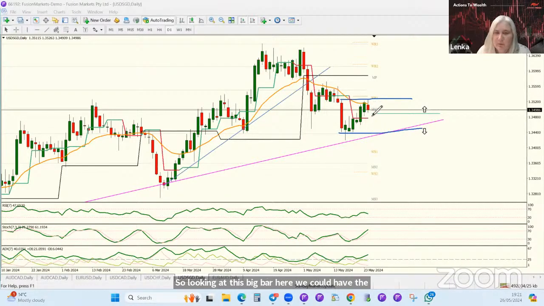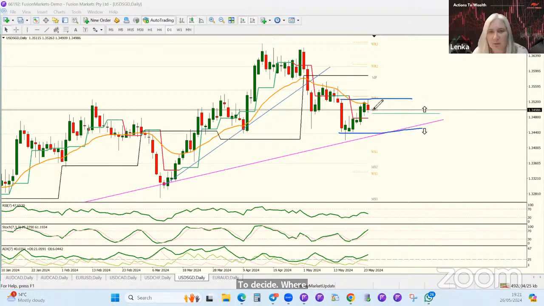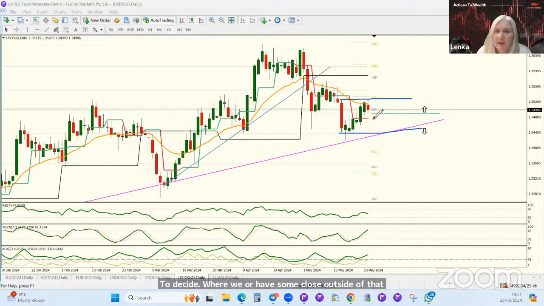So really we would want to have some close outside of that channel to decide which way that price action is going to be going. Again, weekly pivot will be slightly higher, but price is making lower lows at the moment.